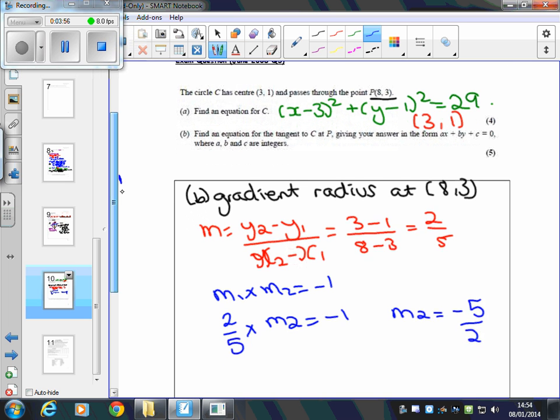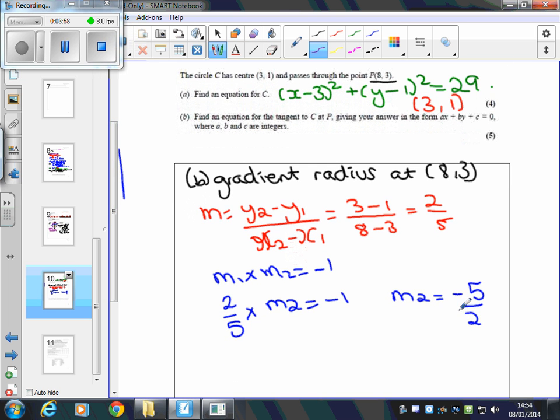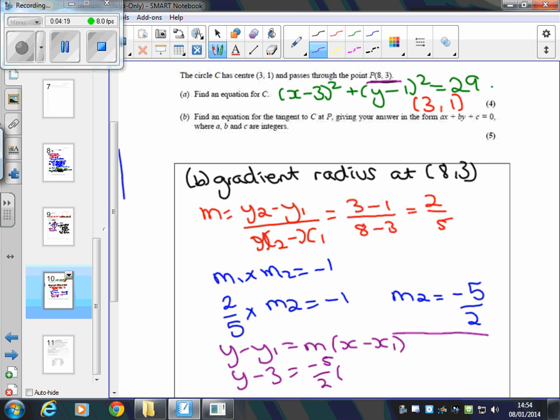So substituting this into the equation y minus y1 equals m(x minus x1) will give us y minus, well, we've got the point P, which is (8, 3), so y minus 3 equals minus 5 over 2 (x minus 8).